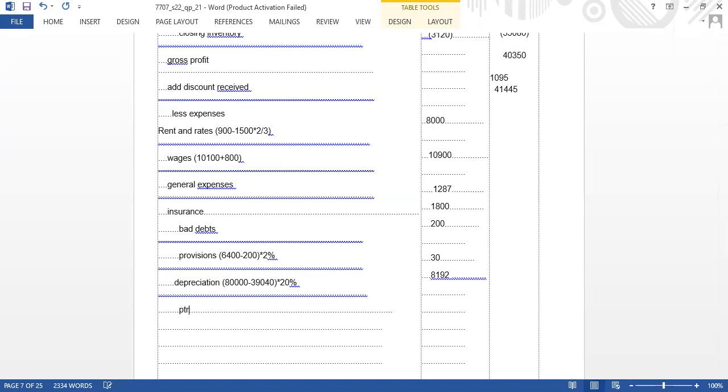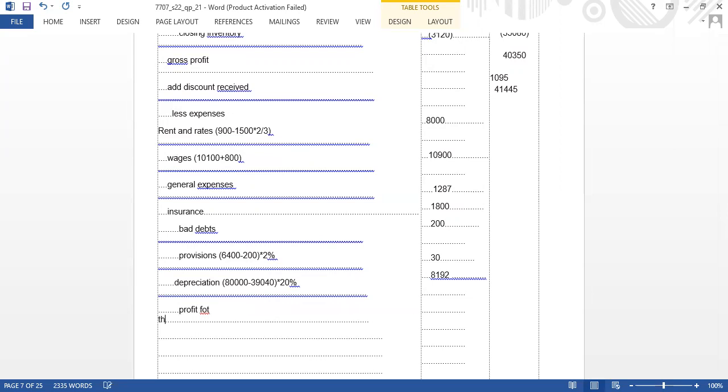Now we'll have profit for the year. Okay. So we'll add 8,000, 10,900, 1,287 plus 1,800 plus 200 plus 124 plus 8,192. That will give us 30,340.